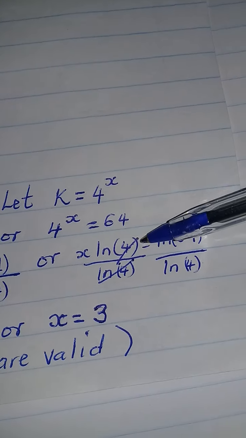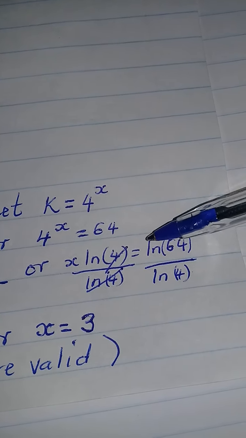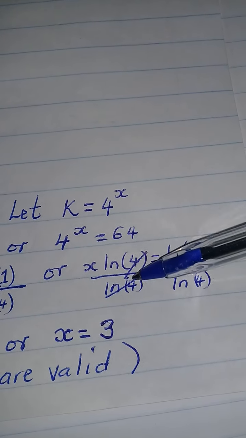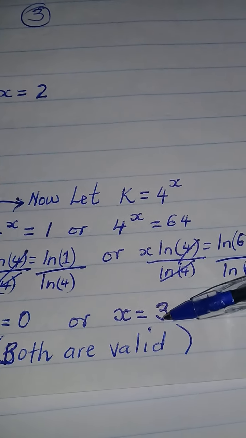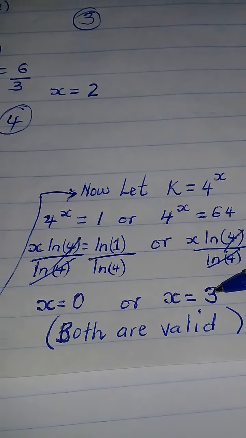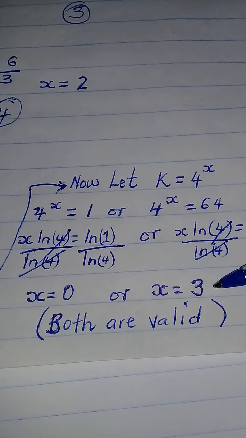Or this side, it is ln 4 to the power x equals ln 64. Then you divide by ln 4 both sides, because you want to find x alone. So the value of x is positive 3. And you must prove to see if your values are valid or not.